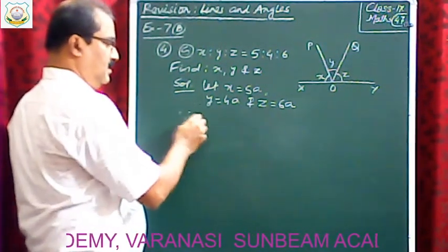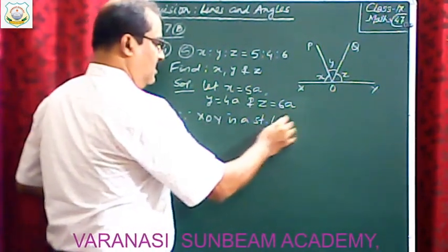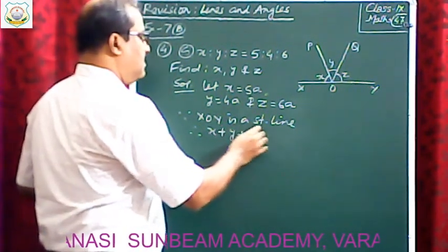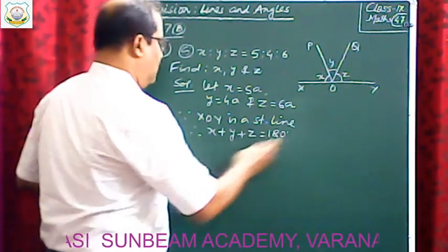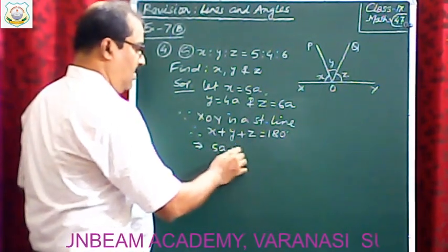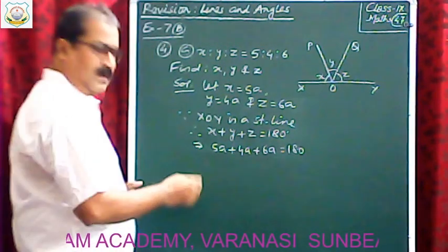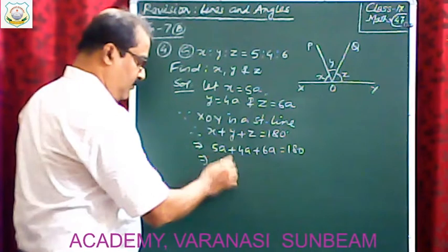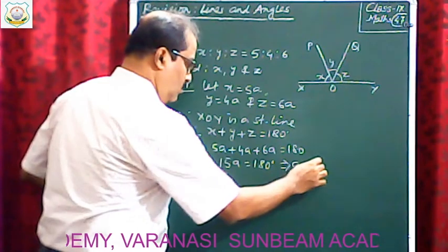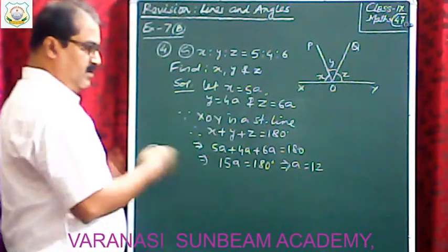Since XOY is a straight line, x plus y plus z equals 180 degrees, which implies 5a plus 4a plus 6a equals 180 degrees. Calculating, 15a equals 180 degrees, which implies a equals 12.